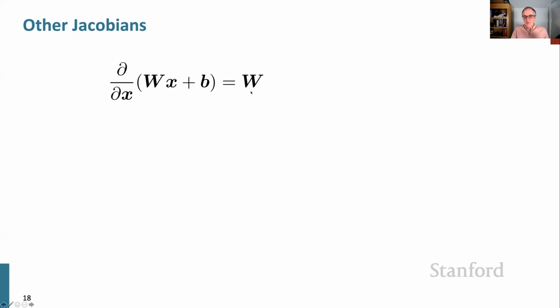But if you just have faith and think this is just like single variable calculus, except I've now got vectors and matrices, the answer you get is what you'd expect, because this is just like the derivative of ax plus b with respect to x, where it's a.